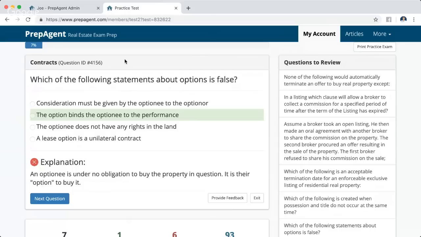Can you guys give me an example of a bilateral contract?